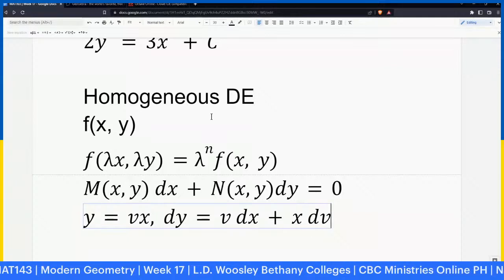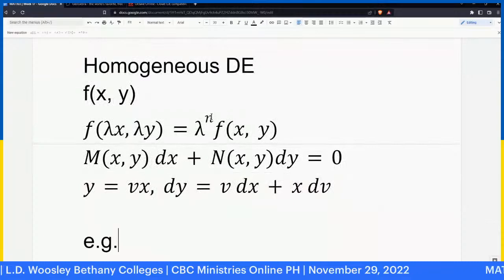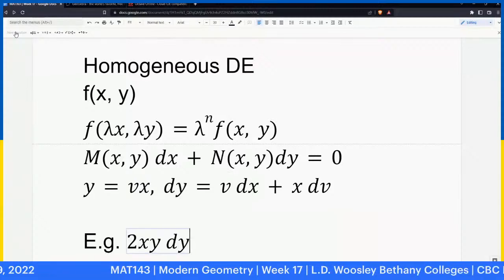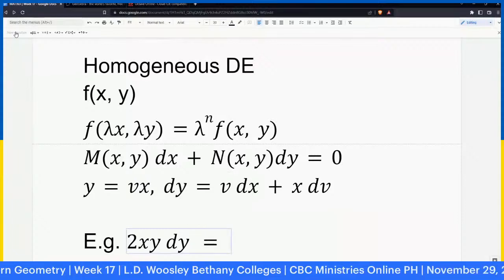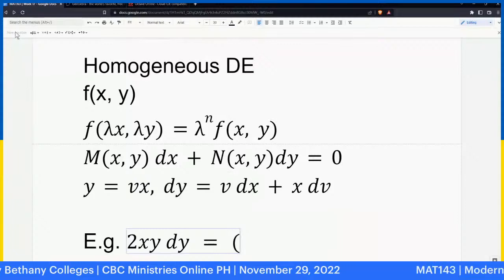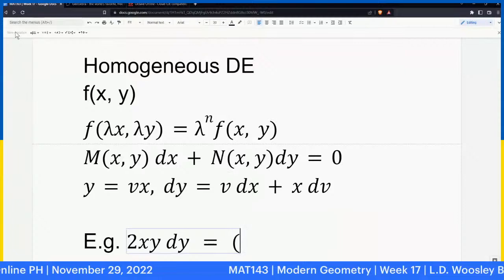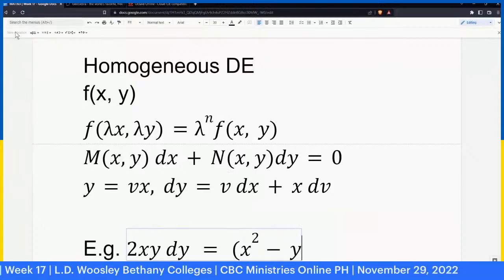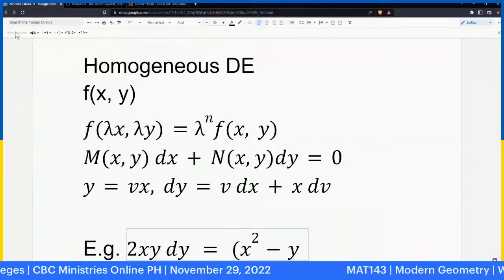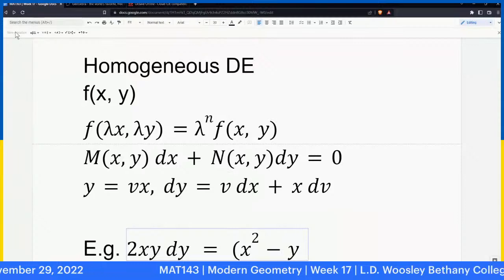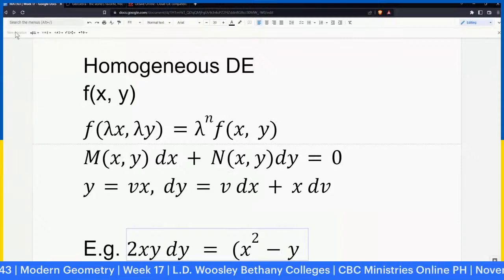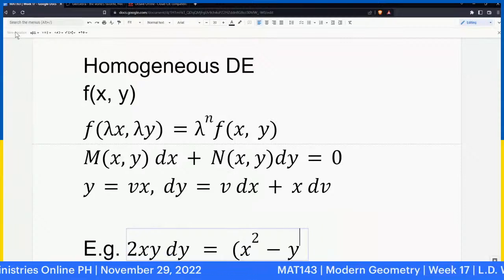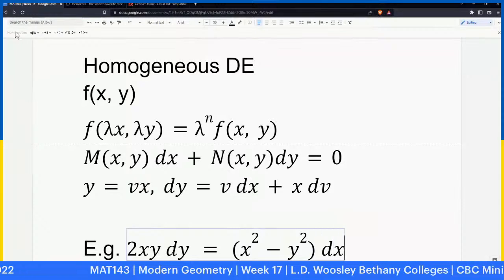Okay, an example would be this one. Okay, this is an example.